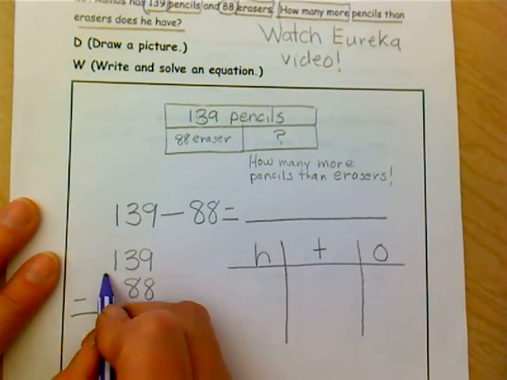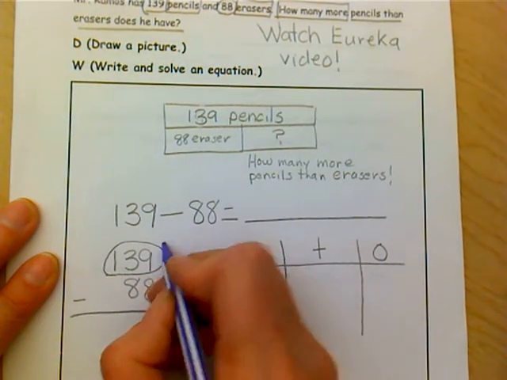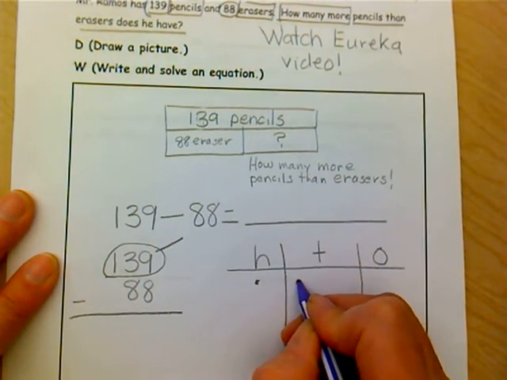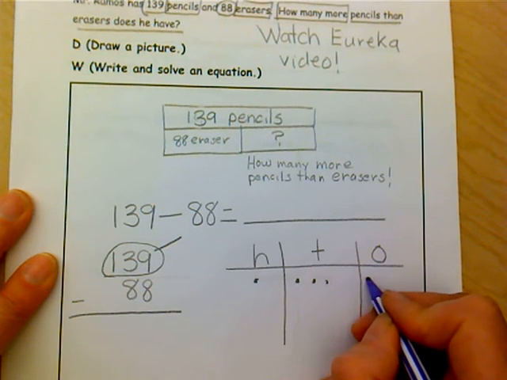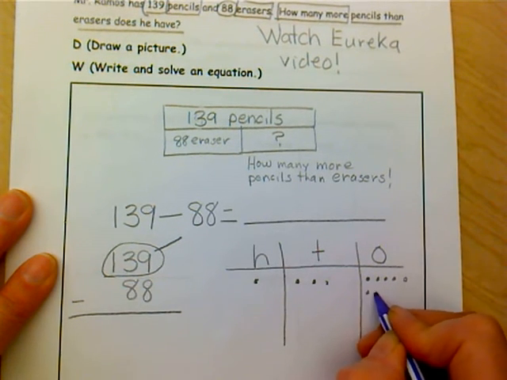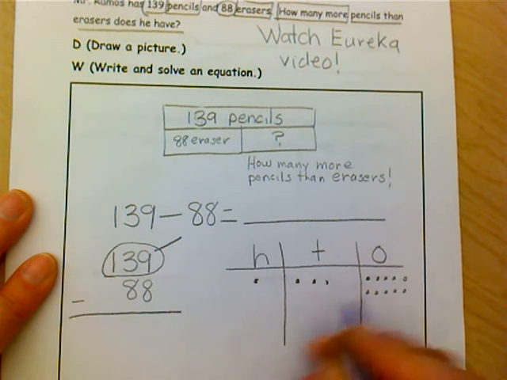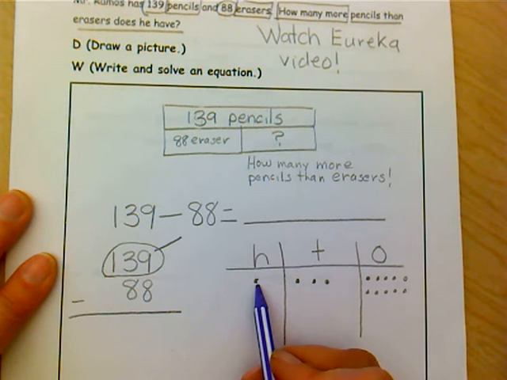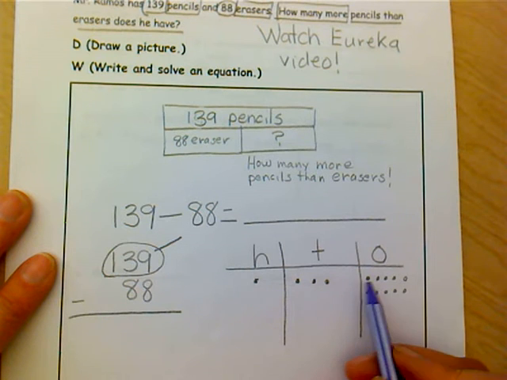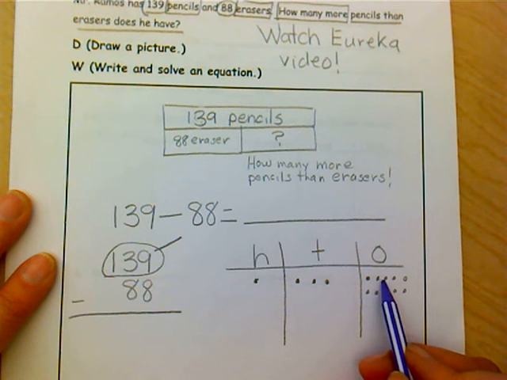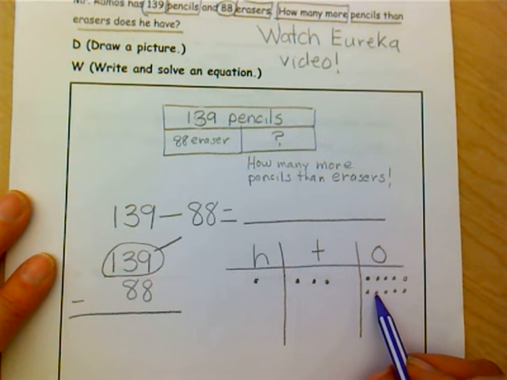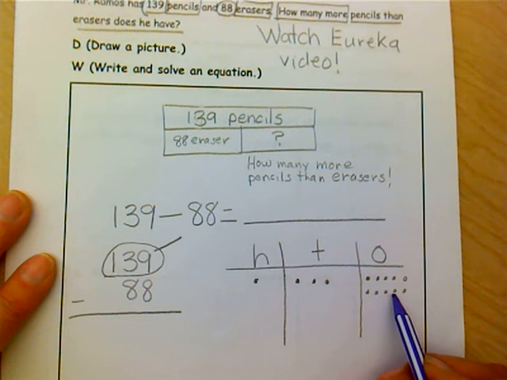And I know that I am going to have to represent my whole, which is 1 hundred, 3 tens, and 9 ones. 1, 2, 3, 4, 5, 6, 7, 8, 9, 10. I'm just going to double check that I did that correct. 100, 110, 120, 130, 131, 132, 133, 134, 135, 136, 137, 138, 139.